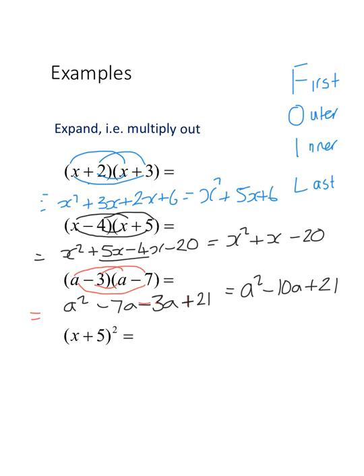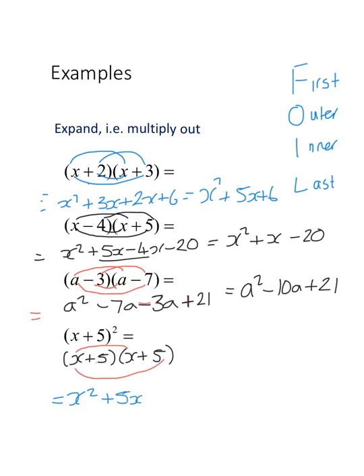Now with this question, remember you're squaring the whole bracket. So that means you've got an x plus 5 multiplied by an x plus 5. And then we can carry on as we have done. So x times x will give us x squared. Two outer terms will give us 5x.